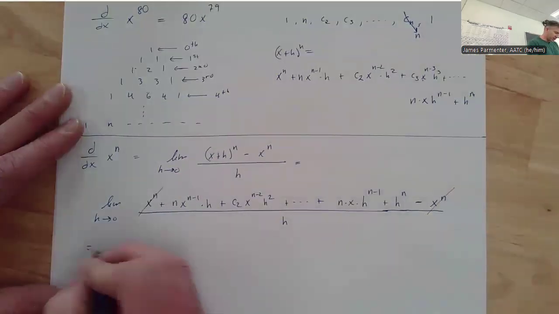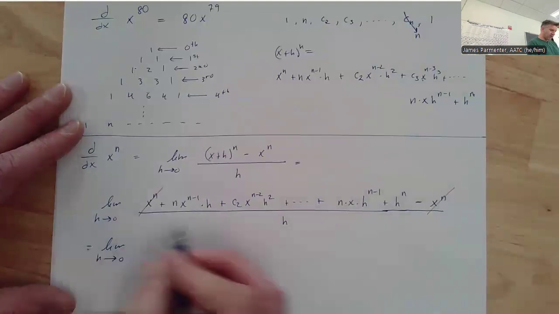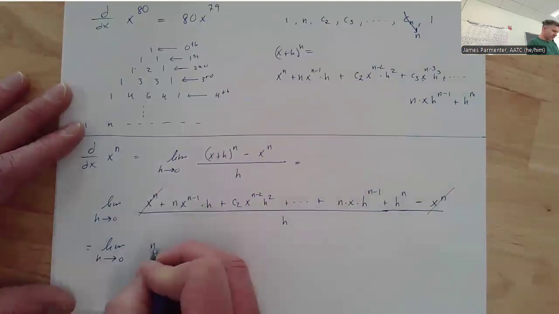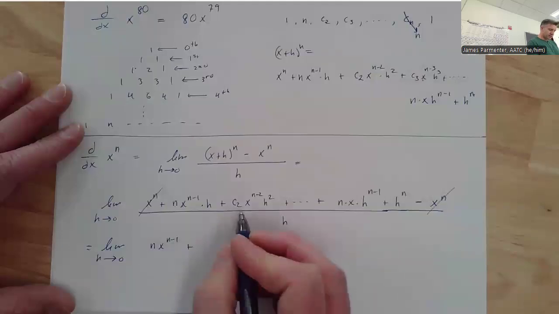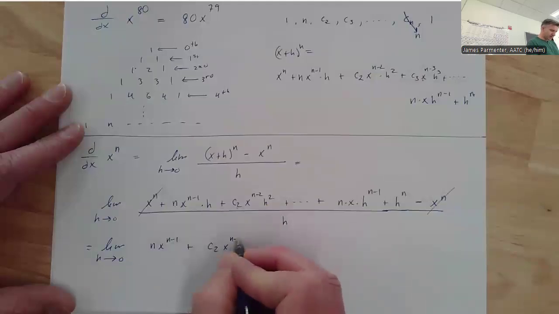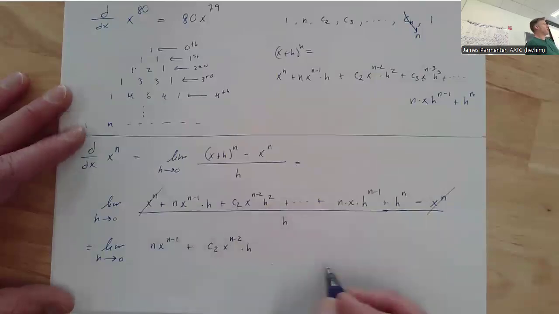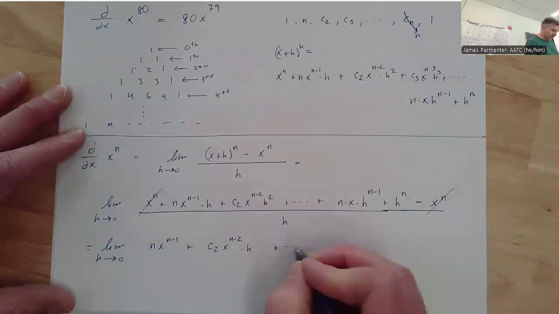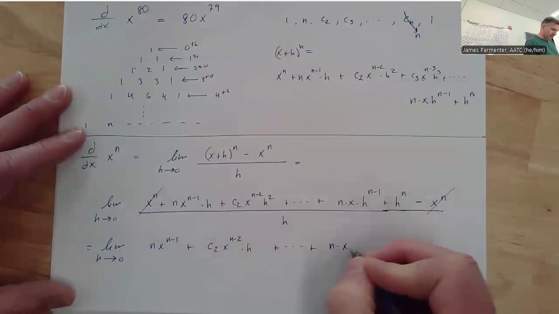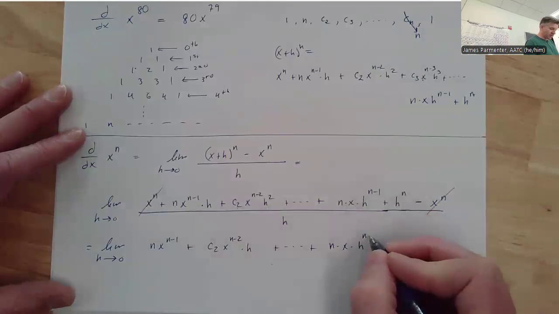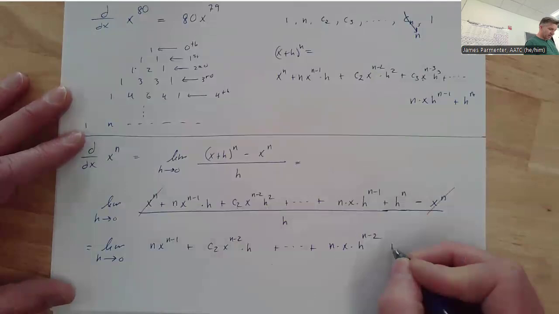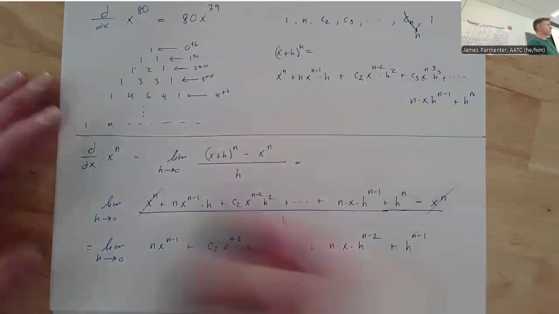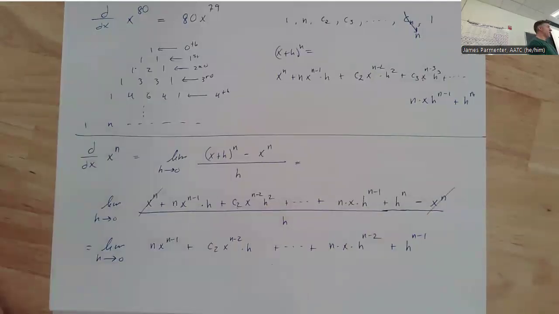So when we simplify this, we're going to get the limit as h goes to 0 of n times x to the n minus 1 plus c2 times x to the n minus 2 times h squared divided by h, which is just h to the first, plus a lot of other terms that all have higher powers of h, up until the last couple of terms, which are n times x times h to the n minus 2, because they took away one of the h's, plus h to the n minus 1. But then, if we take the limit as h goes to 0, all of these terms are going to end up going to 0.